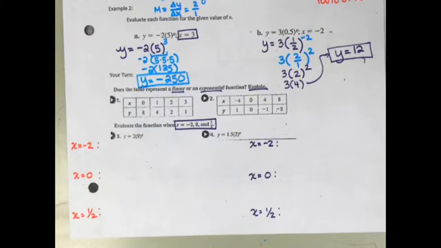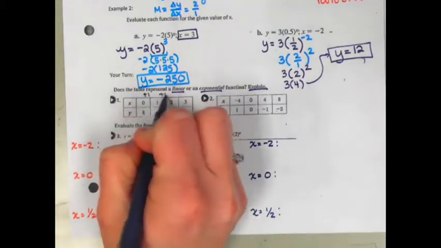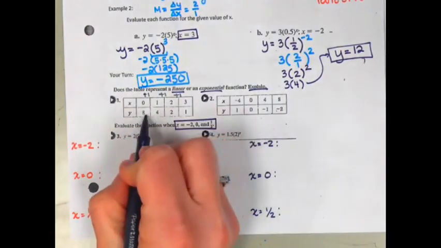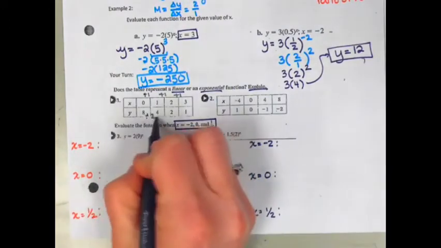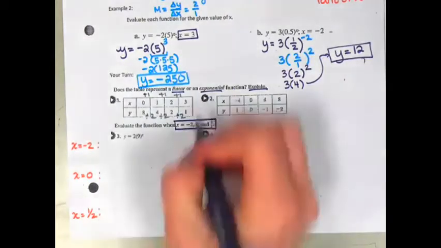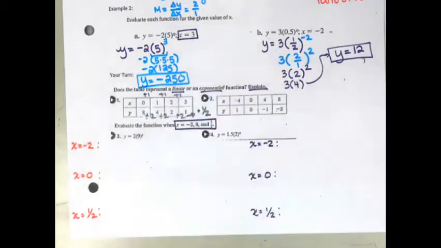Number one, what do you guys notice about the x's? Increases by 1, good. What about my y's? Each time it is dividing by 2, right? So what's another way to write dividing by 2? Multiplying by 1/2, right?